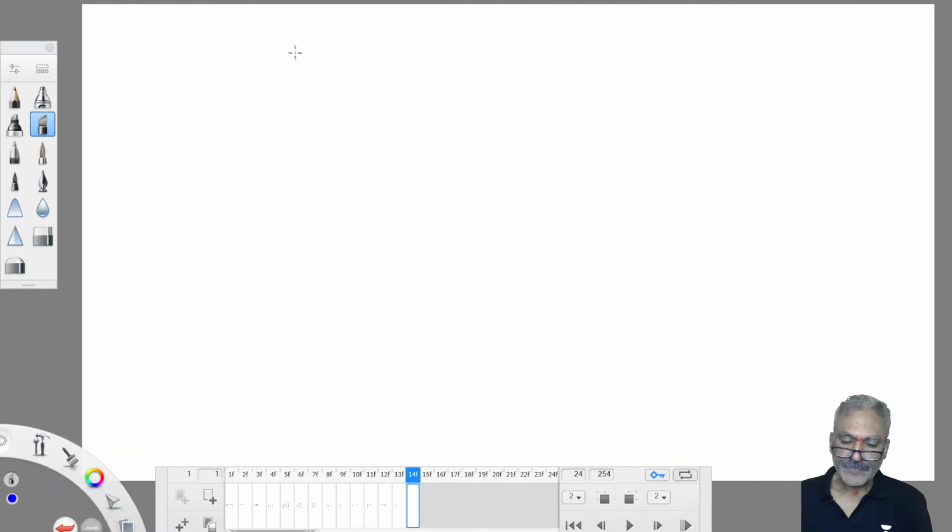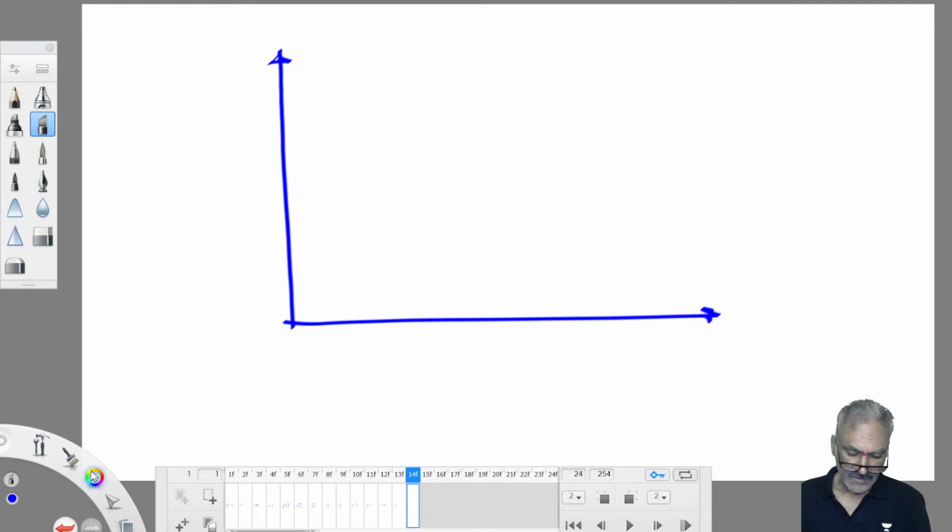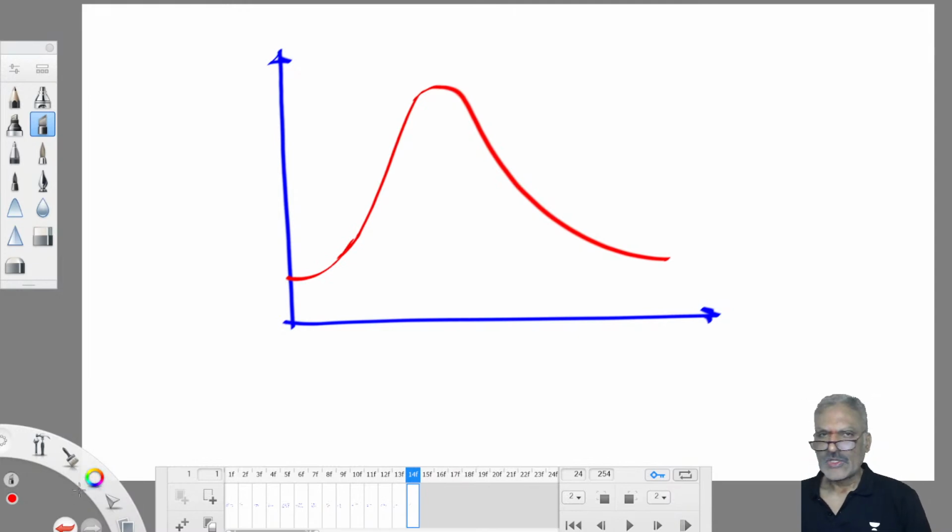So, if you see this hydrograph, there are so many components in this. This hydrograph which we get for a given storm is true for that storm only.